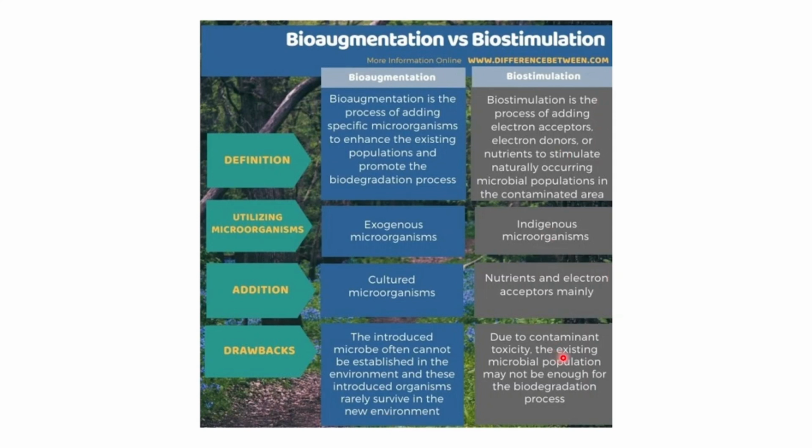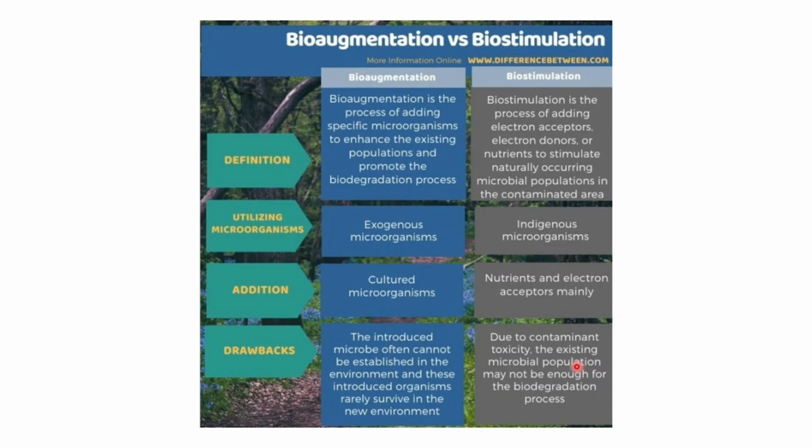But there is another drawback in case of biostimulation. Due to contaminant toxicity, the existing microbial population may not be enough for the biodegradation process. Since the number of microorganisms is not in our hand, because we are not adding microorganisms ourselves, we are inducing or stimulating the growth of indigenous microorganisms.